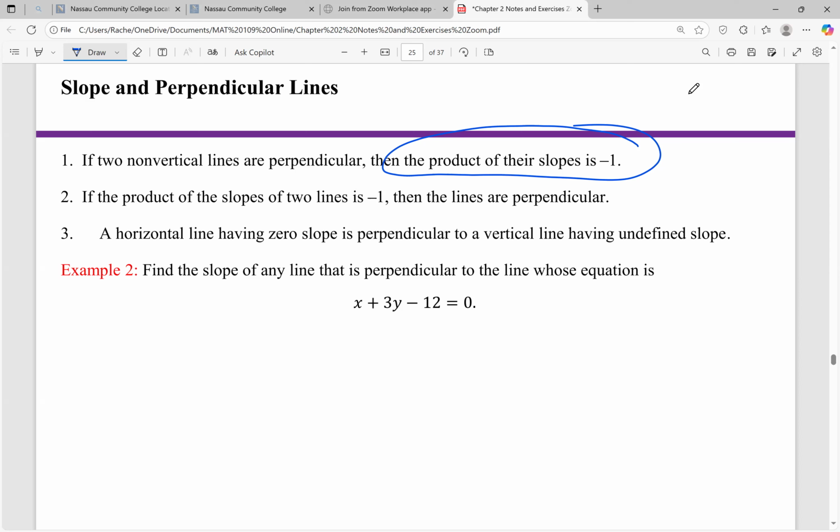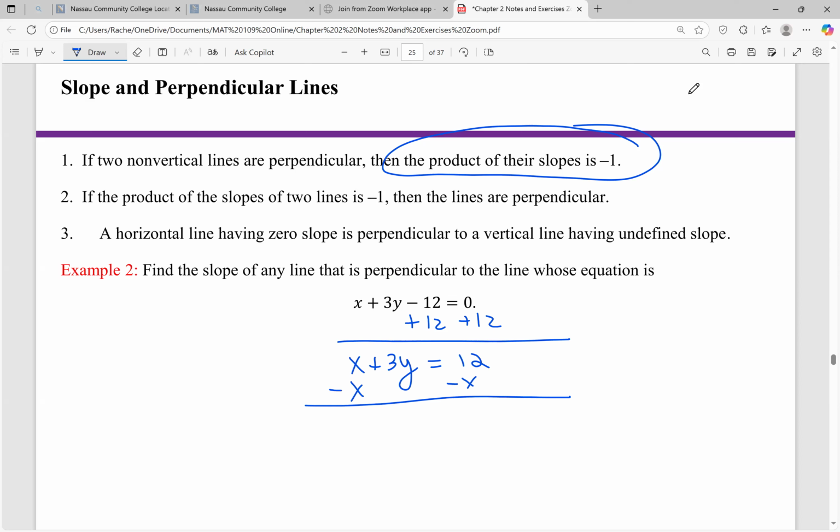So let's rearrange. Let's look at what the slope of this line is. Let's get this in y equals mx plus b form. So I'm going to add 12 to both sides, so we're going to get x plus 3y is equal to 12. Subtract x from both sides, so I'm going to have 3y is equal to -x plus 12.